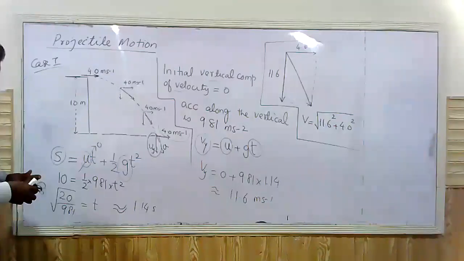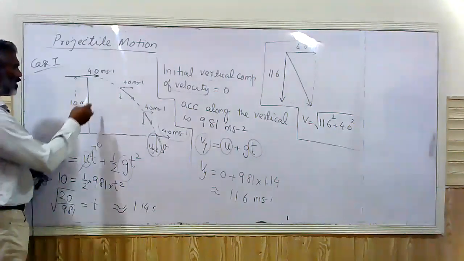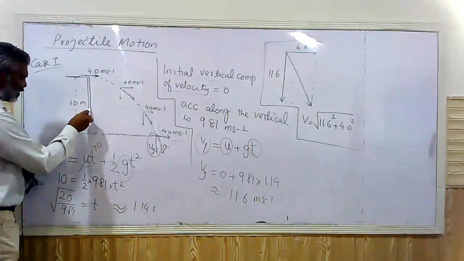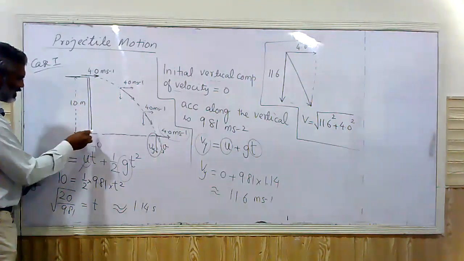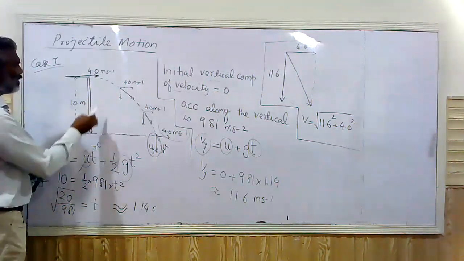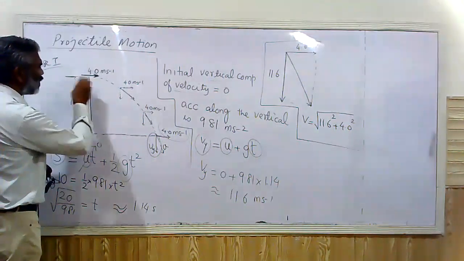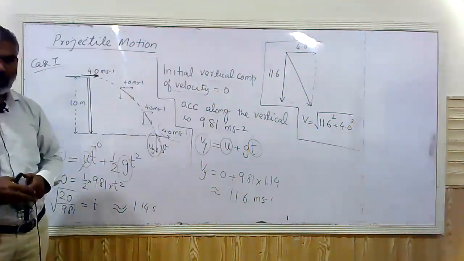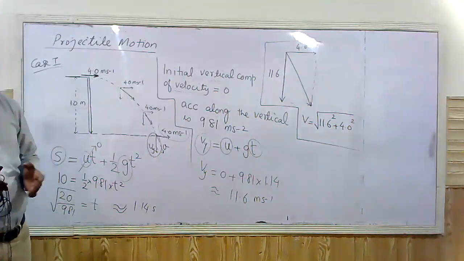So an object that comes from this point and drops straight here will take exactly the same time as this object, although it is hitting many meters away from it. So this time is the same.